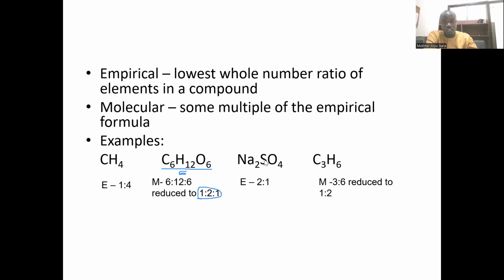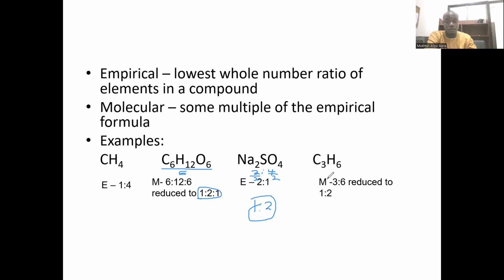We can see that the sodium has a ratio of 2, and the SO4 has a ratio of 1. So if you divide this through by 2, the ratio is going to be 1:2, so this is the empirical formula. So the molecular formula here is a multiple of 2. That is how the molecular formula Na2SO4 is obtained.